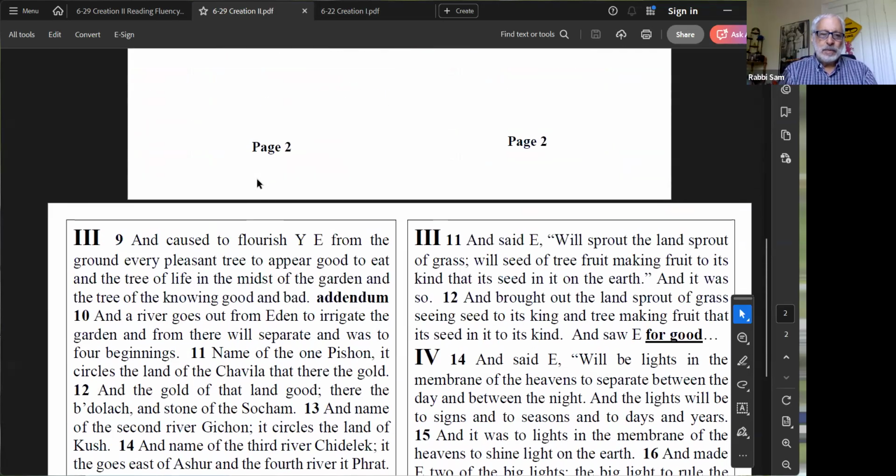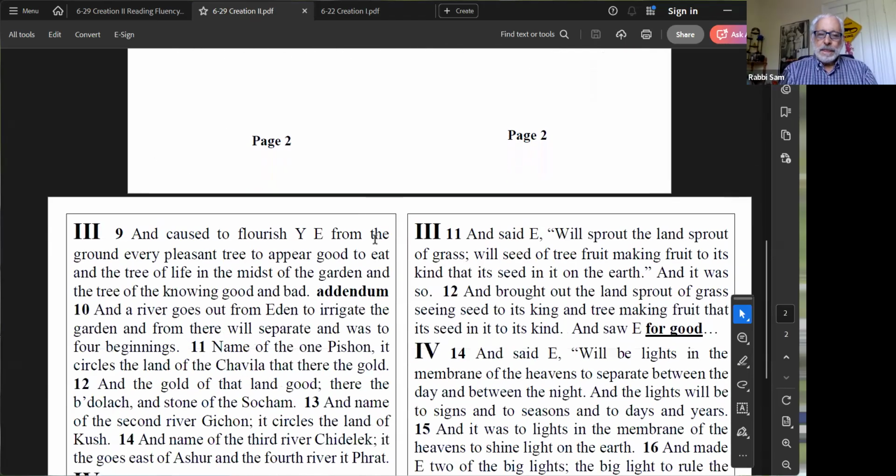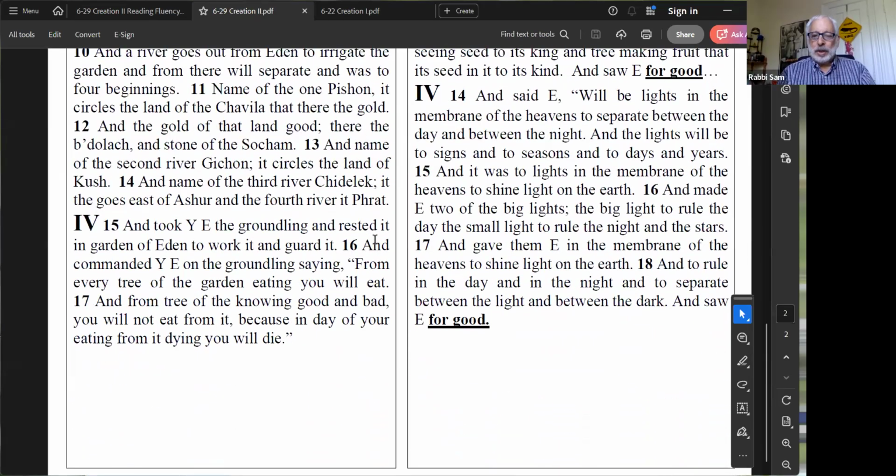And again, the Hebrew is U'me'etz Hada'at Tov V'Ra, the tree of knowing Tov and Ra, lo tochal mimenu, you will not eat from it, ki b'yom achalcha mimenu mot tamut, on the day of your eating from it, dying you will die. Whatever that means. That is step 4.